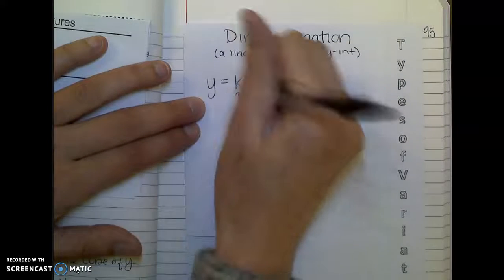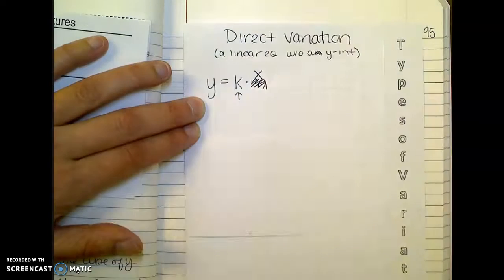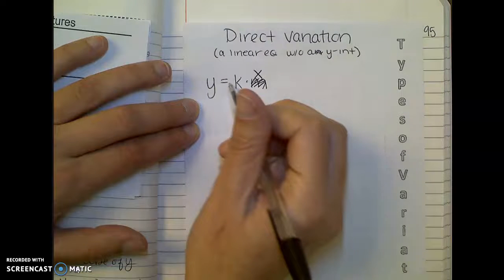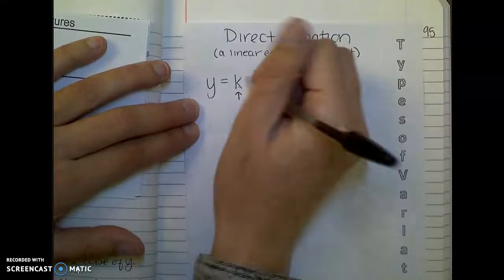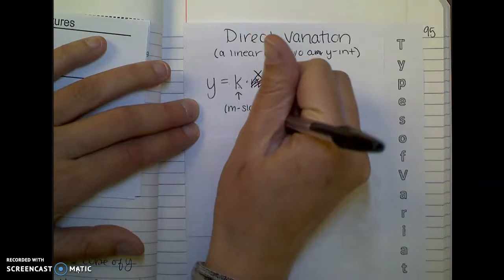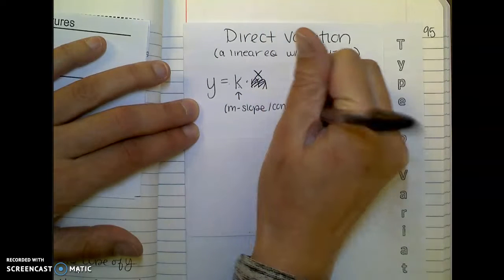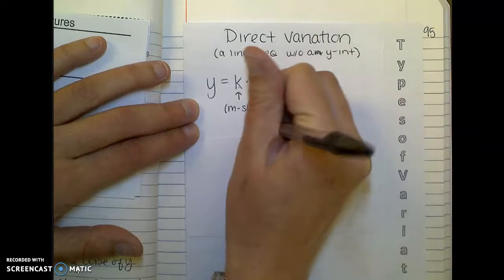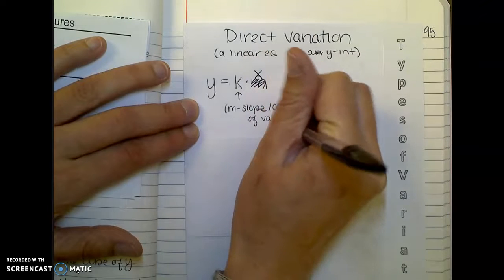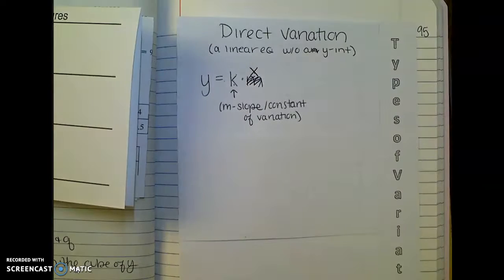Okay, y equals k times x, where k is just your slope, your m value, which we can also call your constant of variation. It is the amount that you are consistently changing by as x changes.